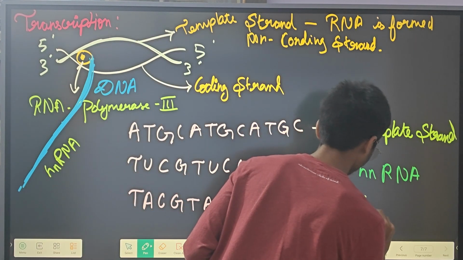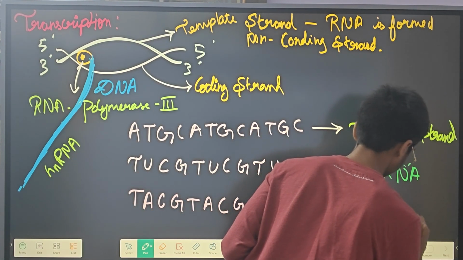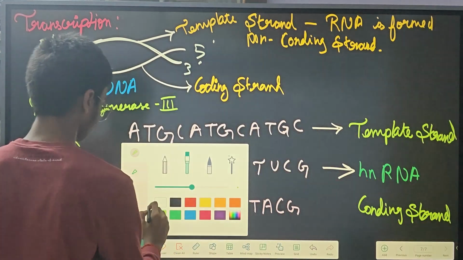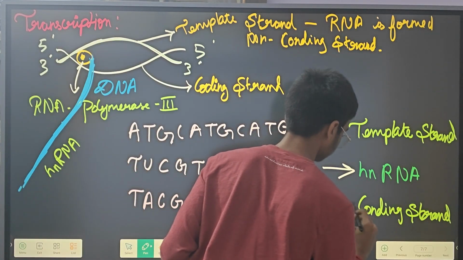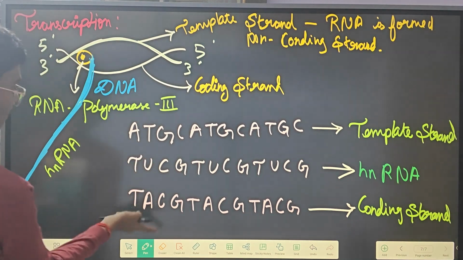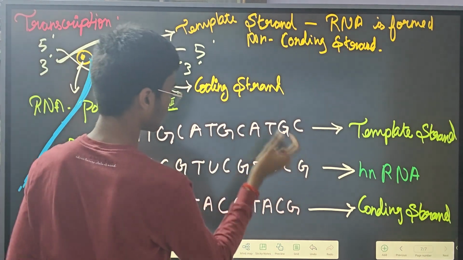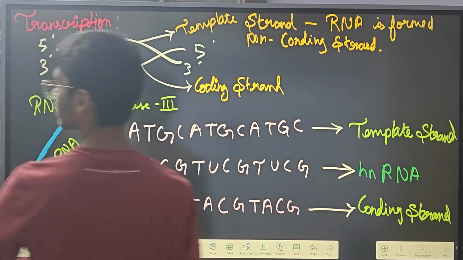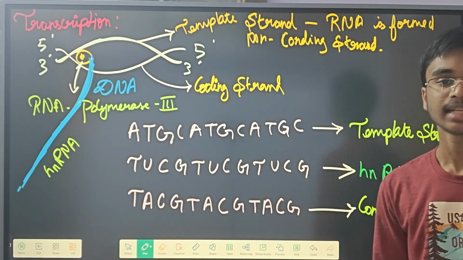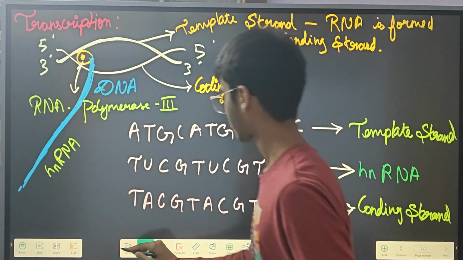This is known as the coding strand. Just compare these two, hnRNA and coding strand. Their one and only difference is that here uracil is there and here thymine is there.